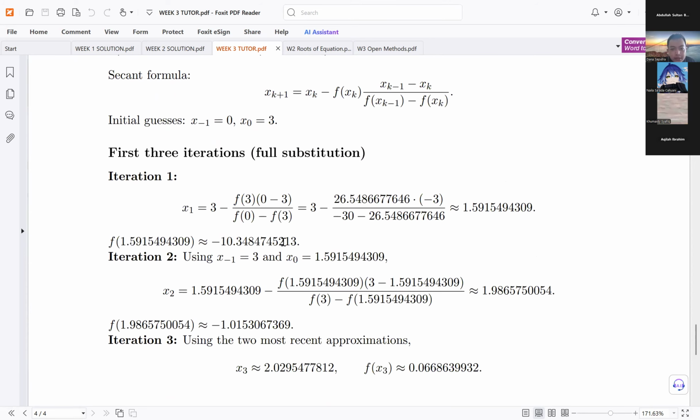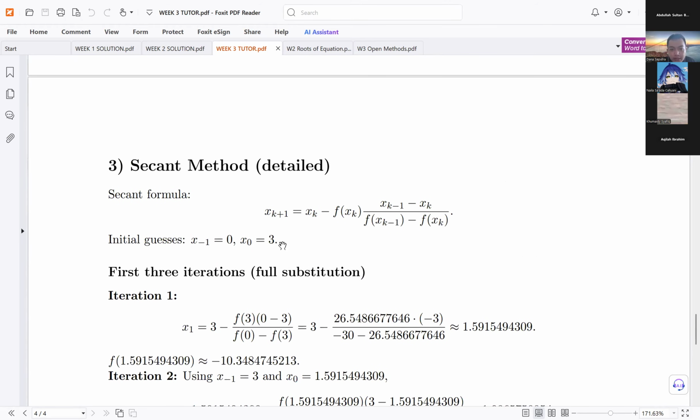Okay, this is for the third homework. Any questions?